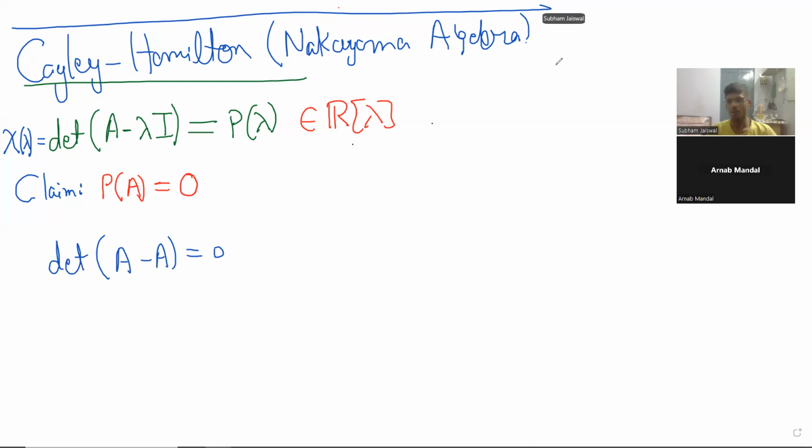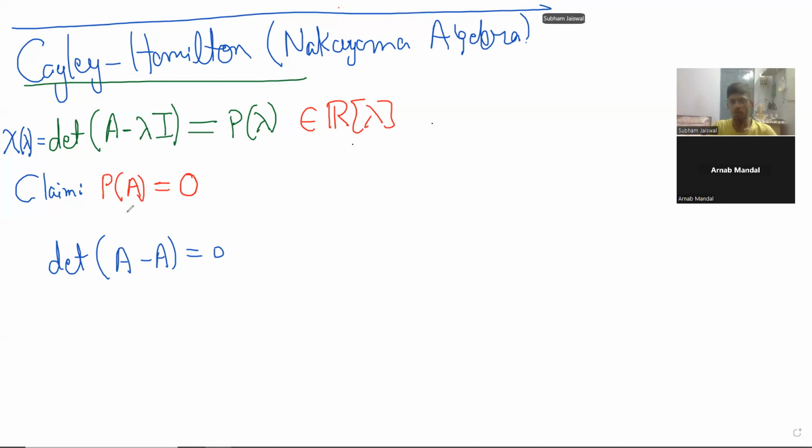It's difficult to think why this is wrong because it gives the correct result. So when we get the correct result, then it's difficult to know why the explanation is wrong. That's a more subtle thing. You see, this P(A) is not a number.